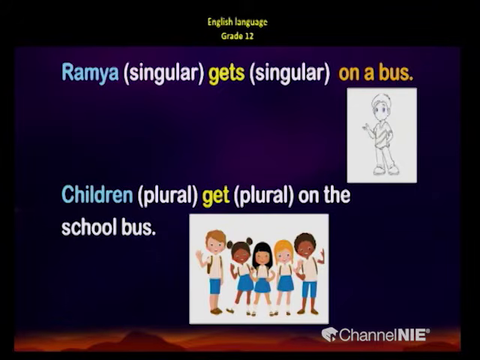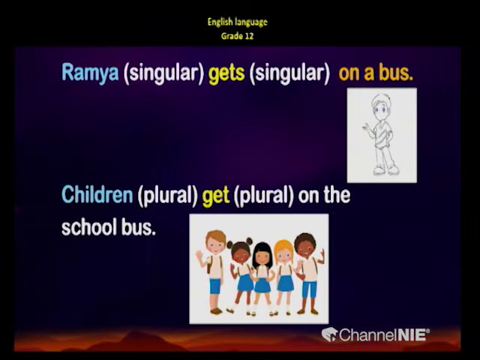Ramya is a singular subject, so gets is a singular verb. You can make the whole sentence in present tense with a singular subject and a singular verb. The example is Ramya gets on a bus. Now in the next sentence, there are children, which is plural, so we have to keep a plural verb.